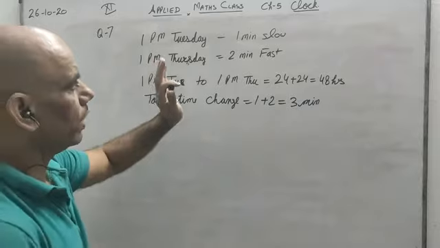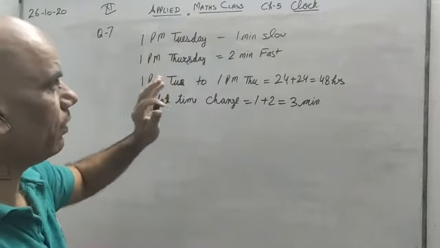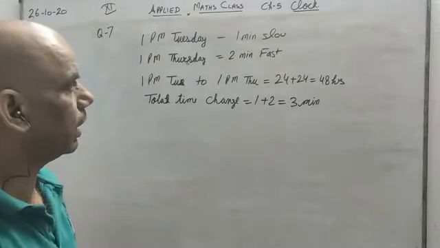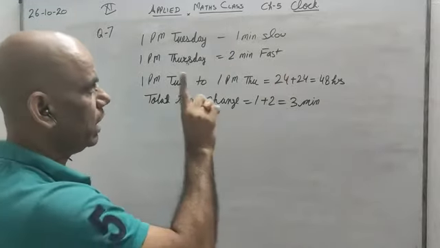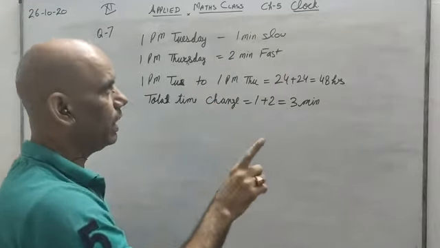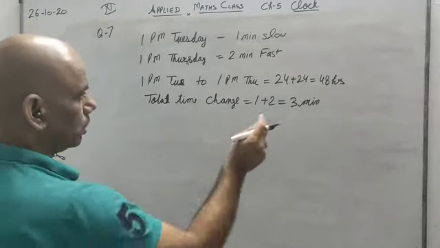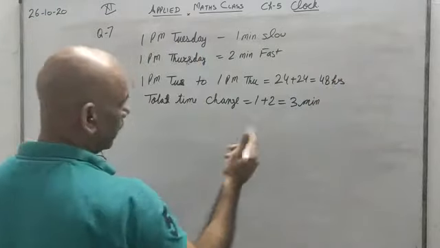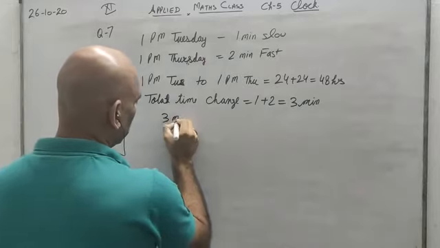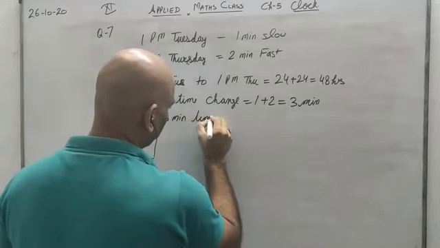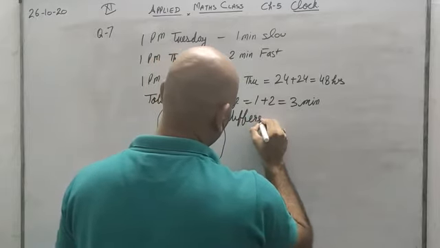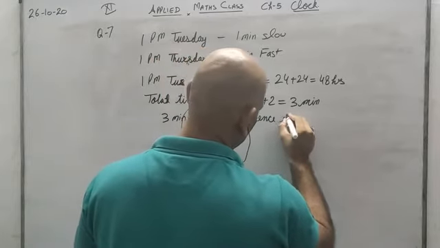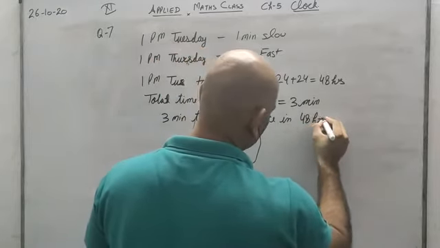Now earlier it was 1 minute slow. So when the clock will show the correct time, when this slow minute will be covered. So he has to cover just 1 minute for being correct. So 3 minutes it is covering in 48 hours. 3 minute time difference in 48 hours.